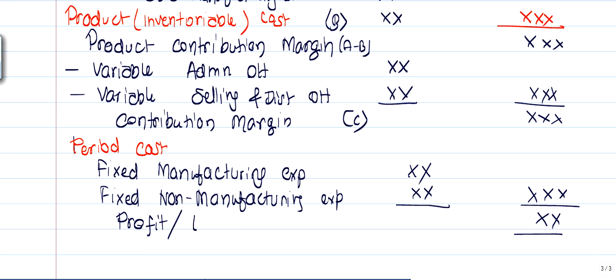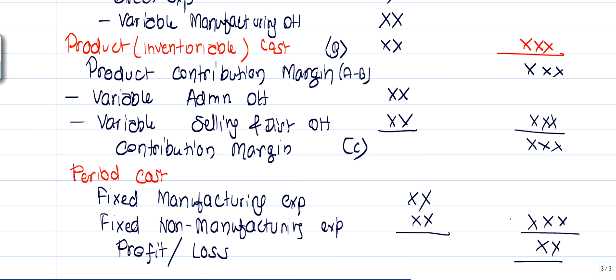Profit or loss is also possible. Let's say this is D, so we have contribution C minus D, you will get profit or loss.